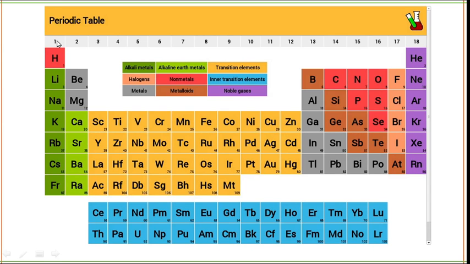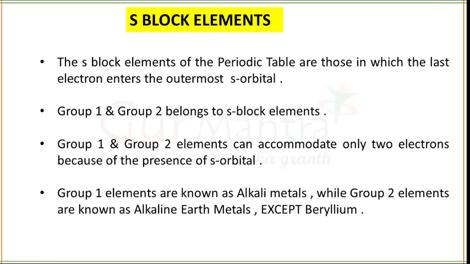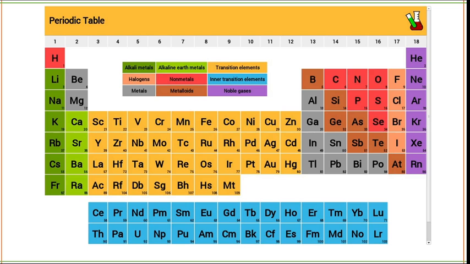As you can see here, this is group 1 and this is group 2. Group 1 elements are lithium, sodium, potassium, rubidium, cesium and francium. Group 2 elements are known as alkaline earth metals except beryllium.